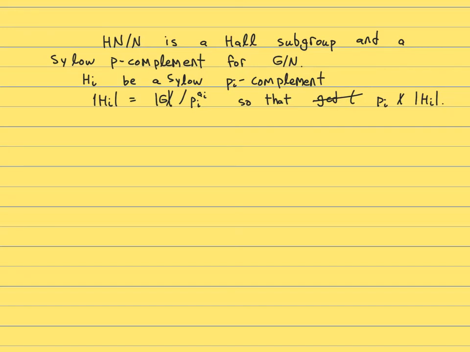So the first thing we're going to do is prove that each of these groups themselves is solvable by using this theorem in induction. Seems kind of cheating to do that, but you can do it, so let's do it. And so what we're going to note is for all j, 1 through t, except j is not i, the index of the intersection of Hi and Hj in Hi is pj to the aj.